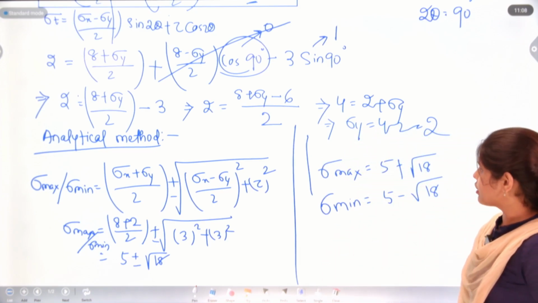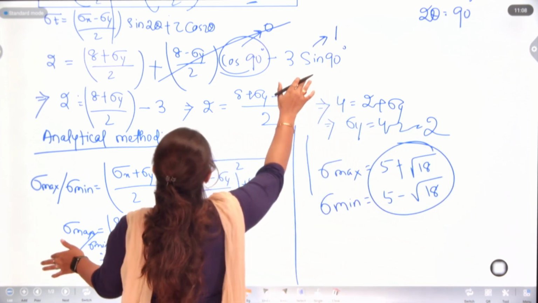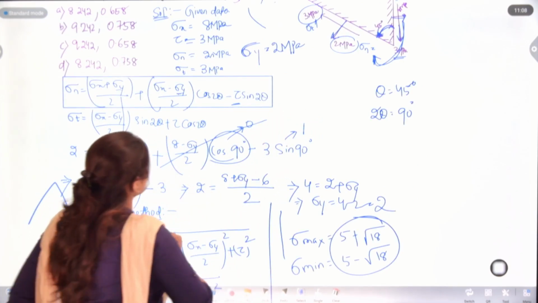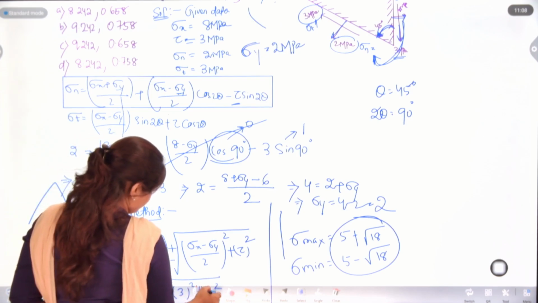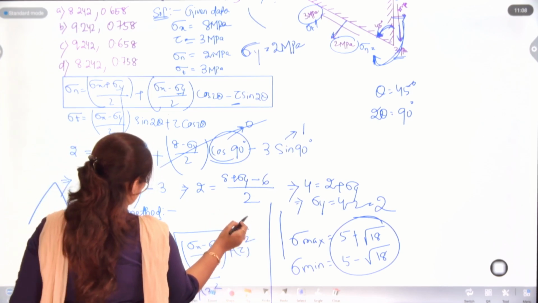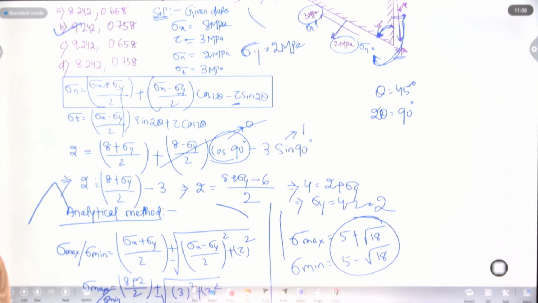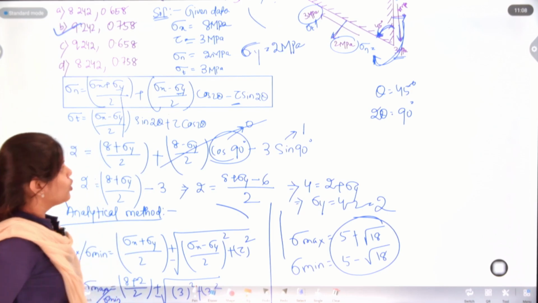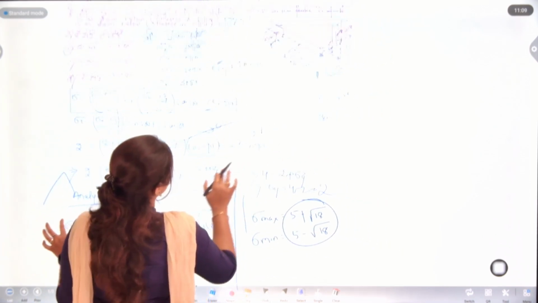Now, we can calculate and find out the values. If you check, you can get the values here: 9.242 and 0.758. Another thing, to plot the Mohr circle.